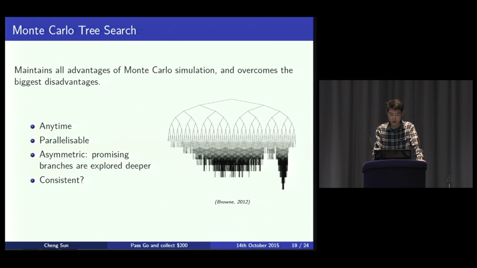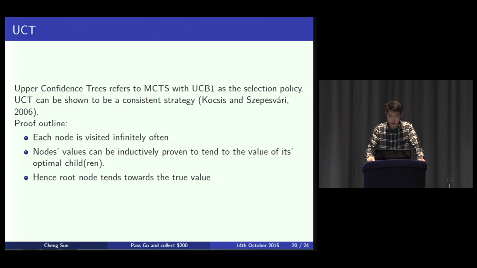And I shall prove that when you apply the UCB, upper confidence bound selection strategy, it actually results in an algorithm that is consistent. So when you combine Monte Carlo Tree Search with the UCB selection strategy, you get the UCT algorithm. And it was proven to be a consistent strategy by Kocsis and Szepesvári also in 2006.